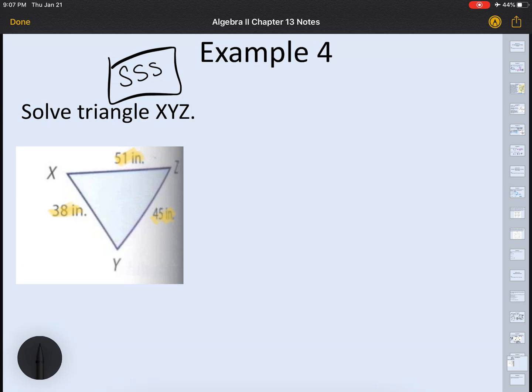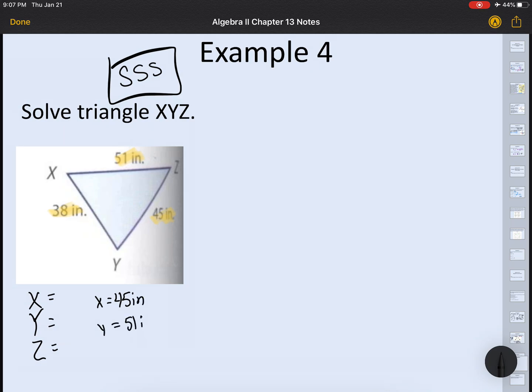Okay, so let me start out by writing X, Y, and Z as angles. I'm going to figure those out. Little x is 45 inches. Little y is 51 inches. And little z is 38 inches.